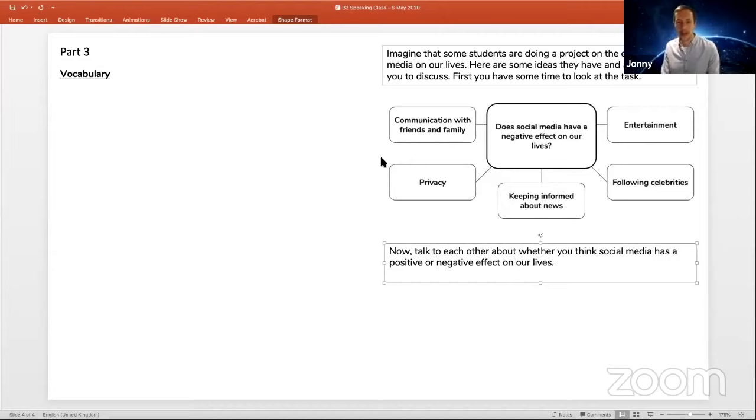And then you have 2 minutes to talk about this, and then you have another 1 minute, which you can see on your worksheet, to make a decision about. I can't see it now. Let me just find it.